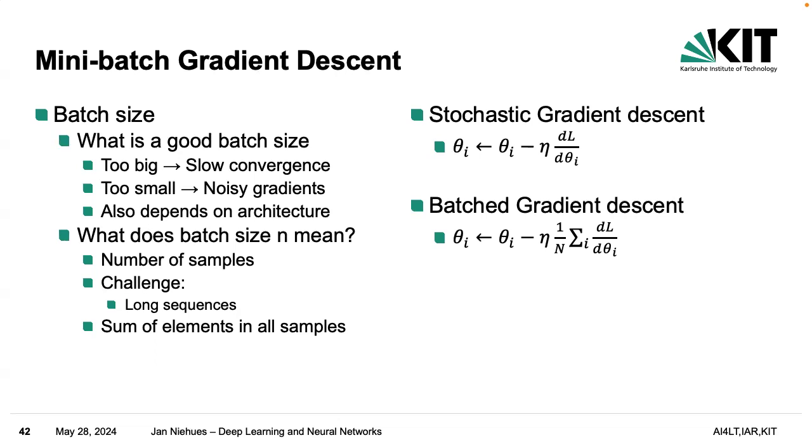So it depends on what all the other configurations of your network are in order to achieve a good batch size. And so it is always good to do these things based on best practices which are there.